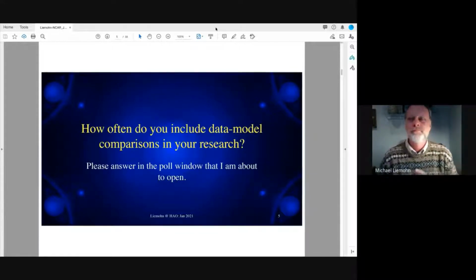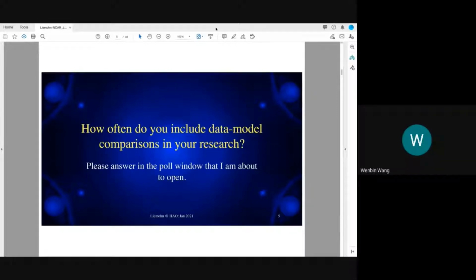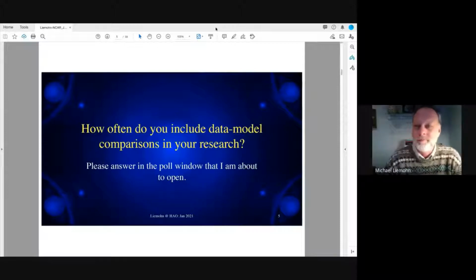Can you see the answers? You cannot, Wenbin? I can. Oh, you can. All right, good. So I cannot see the answers in this presentation mode. It doesn't allow me to show that. Oh, maybe if I click on the little polls here on the side, maybe I can see it there. Polls. Oh, I can vote on one of the polls.